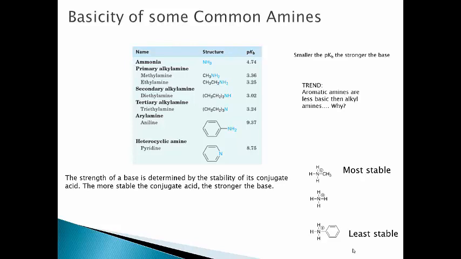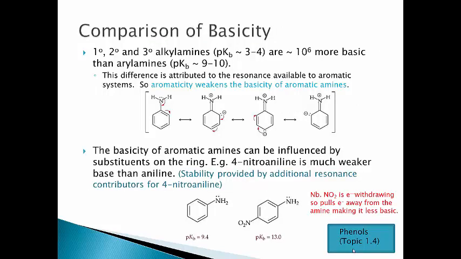So that positive charge is not stable. Primary, secondary and tertiary alkyl amines are 10 to the 6 more basic than aromatic amines, which is quite a big difference. The difference is attributed to the resonance stabilization in the aromatic systems. The more resonance structures you can get, the more stable it is. So this NH2 attached to the benzene is very, very stable, which means it doesn't want to form the conjugate acid.